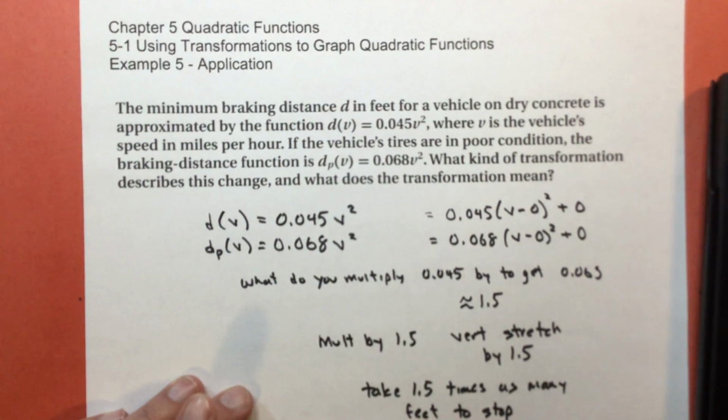So if it was able to stop in 10 feet, with bad tires, it would take 15 feet. If it was able to stop in 200 feet, with bad tires, it would take 300 feet, multiplied by 1.5. Okay, we'll see you with the guided practice problems.